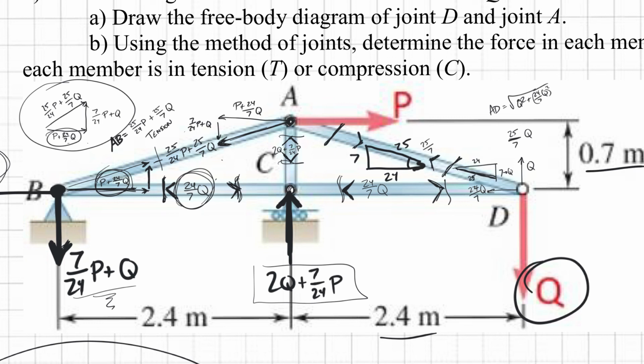Note, I could have also said, well, I know the 24 side is 24 over 7Q, and I want the 25 side, so I'm going to make this 25 over 24. Those cancel, and I get 25 over 7Q, same. So this side is 25 over 7Q, and that's tension.